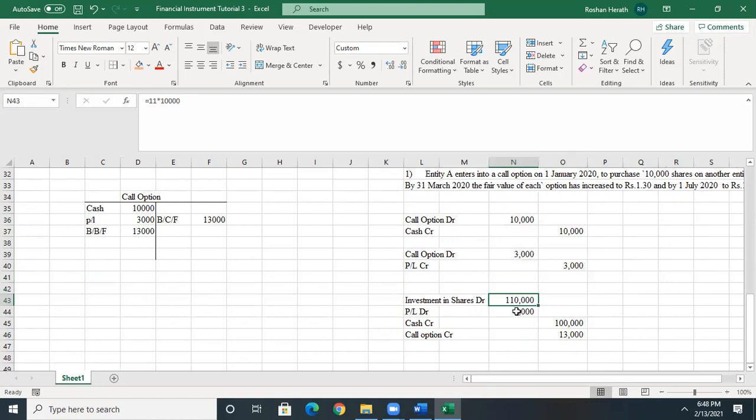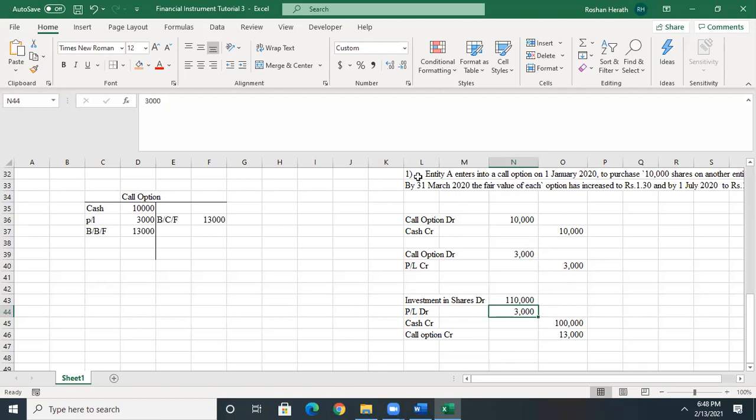Then there is a difference between these two. It's a kind of a loss. Loss of 3,000 is there. Right? So that's how we do the accounting for that.